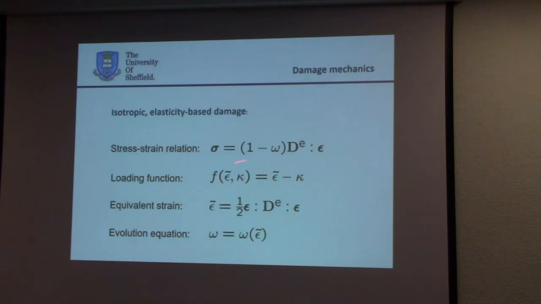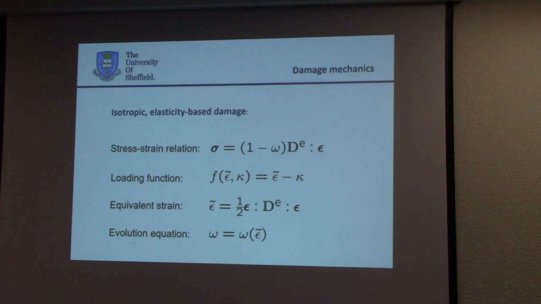So, when we differentiate this, we first keep this constant, this one being the elastic stiffness, but this is varying, and the strain is varying.